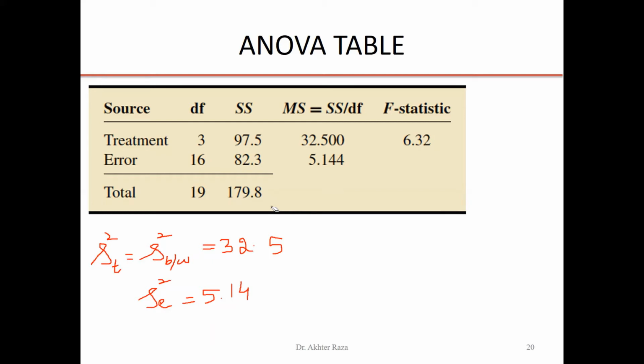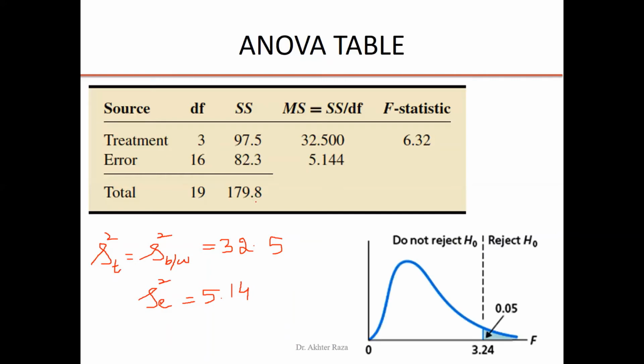Which 2 degrees of freedom will be used? One is the degree of freedom of the numerator, which is 3. The second degree of freedom is 16. If we look these two numbers along with the alpha into the F table, then the critical value will be obtained.